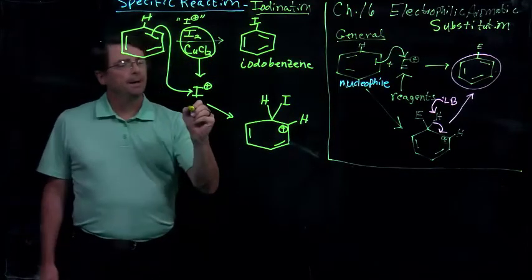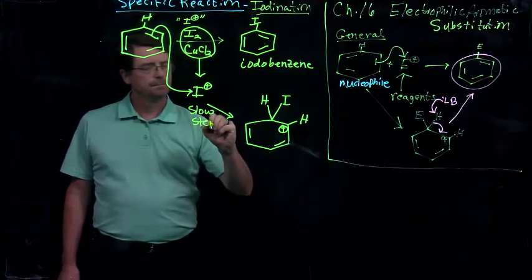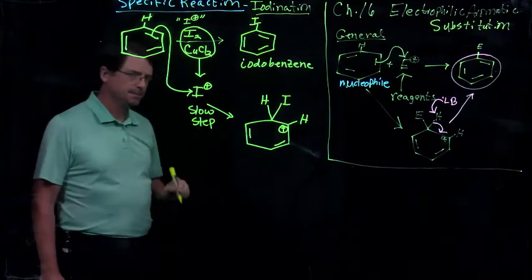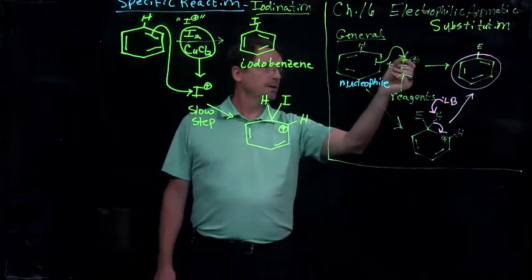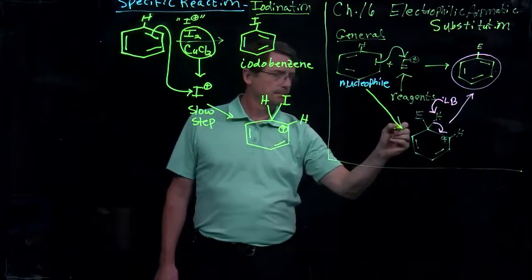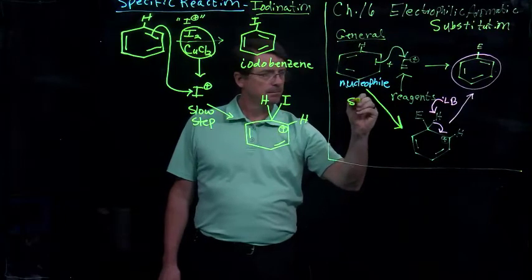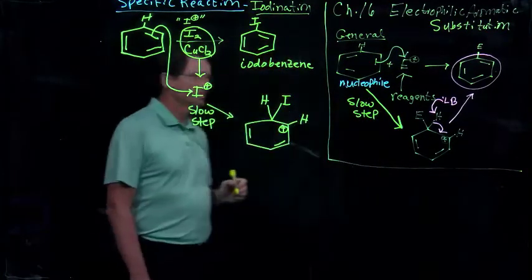This is the slow step. So this reaction of the benzene with the electrophile is the slow step.